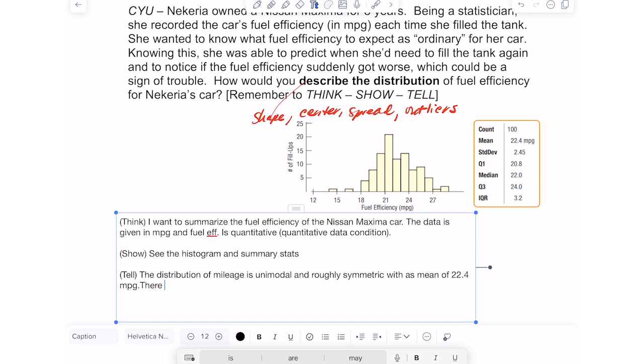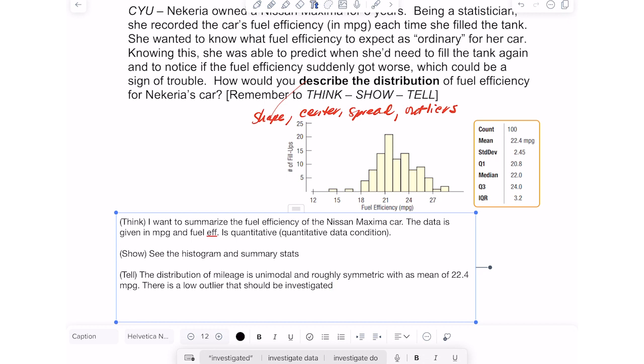There is a low outlier that should be investigated further. Like, why did she only get about 14 miles to the gallon on that day? Was she stuck in traffic? What's going on? Was there a maintenance problem?